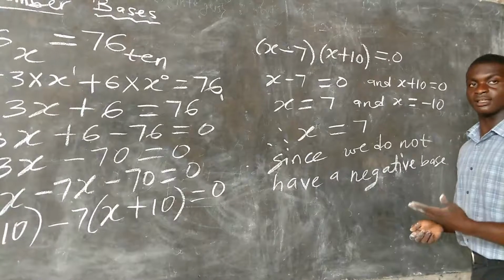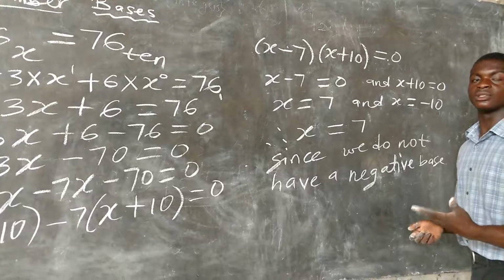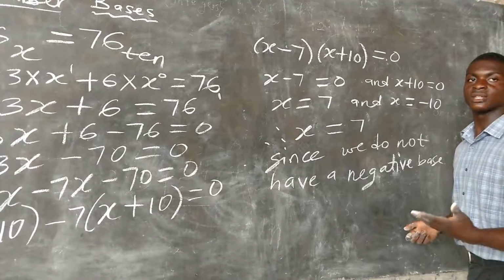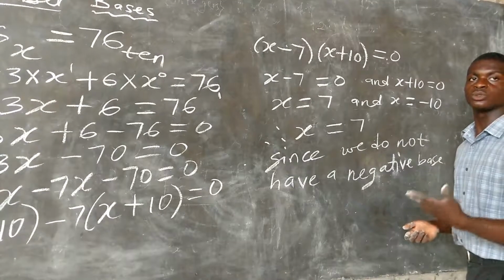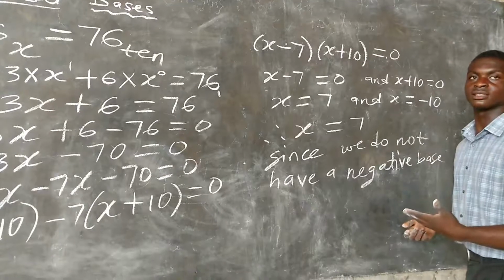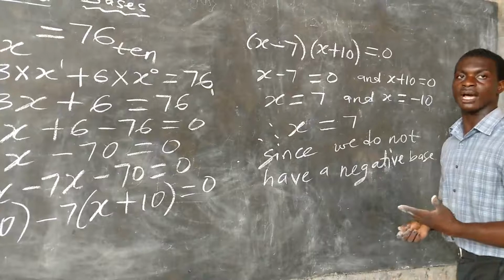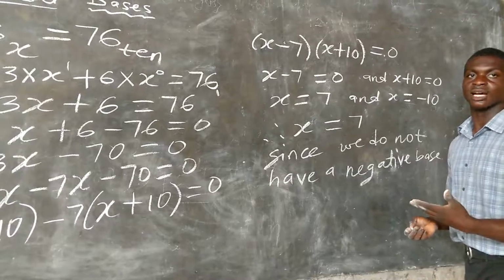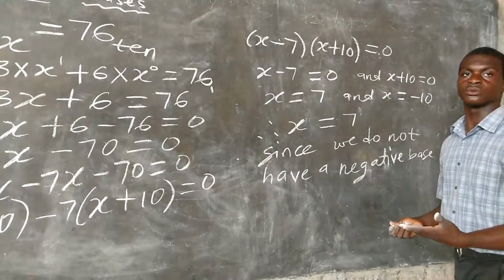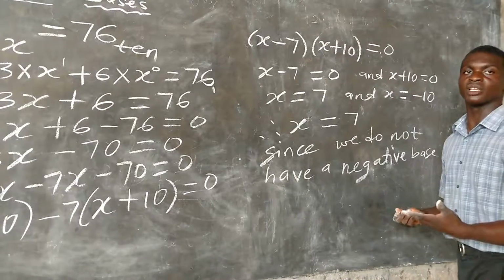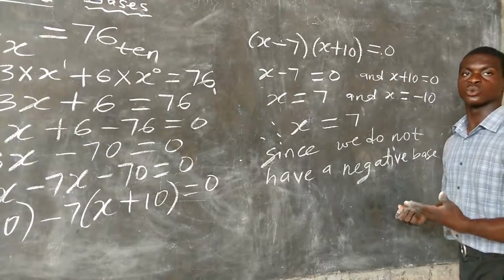So numbers greater than 0, you can see there is no negative number in there. So we have 1, 2, 3, 4, 5, 6. That is it. A number with 0 as the base does not exist, and any number with a base 1 gives you 1.